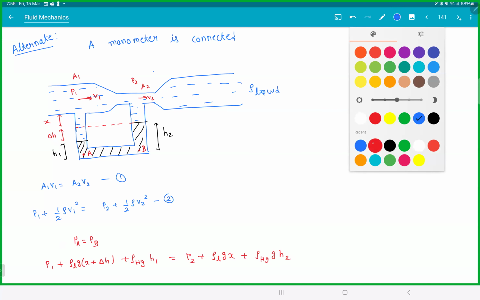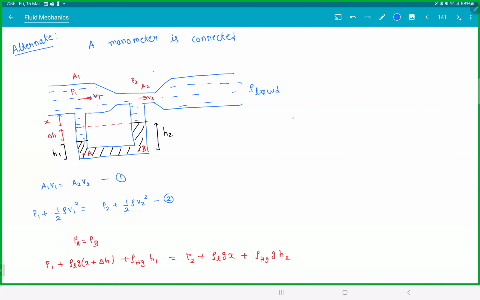Simplify this a bit. P1 minus P2, the rho liquid G X will cancel. We get (rho mercury minus rho liquid) G (H2 minus H1), delta H. That's your pressure difference.